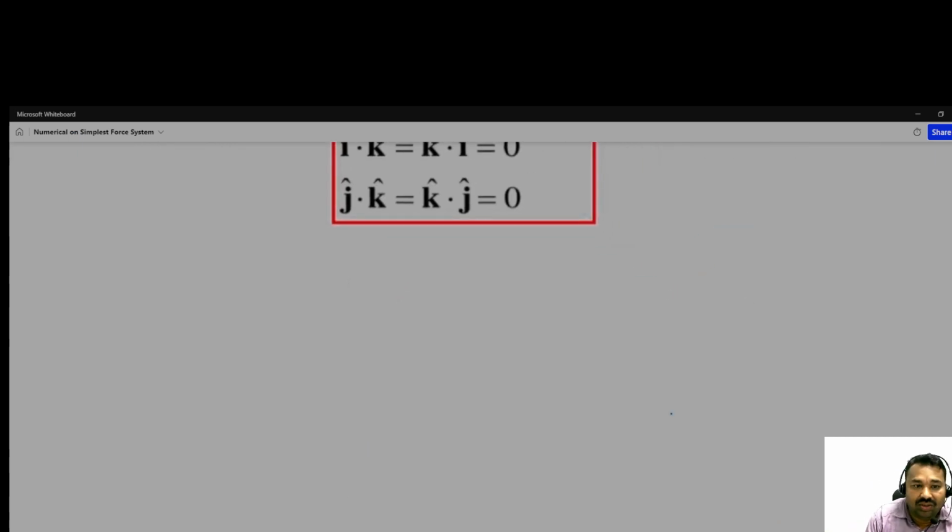Ultimately, we got the resultant R equal to 616I minus 1000J, and the resultant couple C, that is equal to the summation of moment about A, which is equal to minus 5400K.